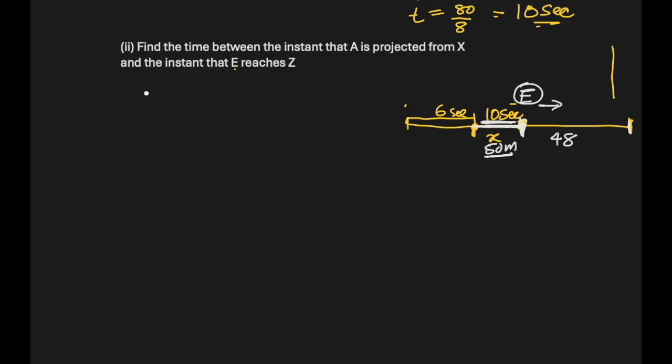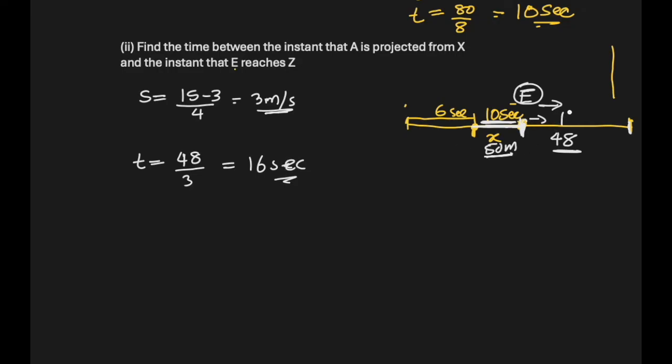So their speed, let's call it S this time, not V, because it will confuse, is 15 minus 3 over 4, 12 over 4, 3 meters per second. So this 48 meters is being covered at 3 meters per second. Time will be distance over speed: 16 seconds.